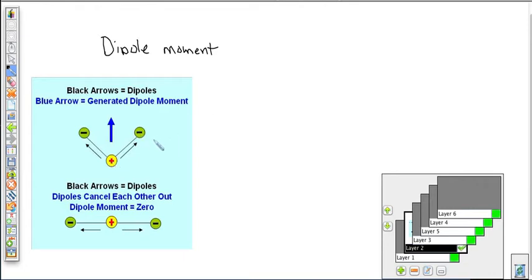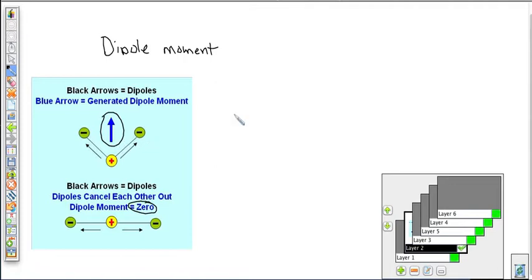Now, if you look at this molecule, it's got a positive center, two negatives on the outside. The dipoles are equal in opposite direction, so they've essentially canceled each other out. So this has a dipole moment of 0.